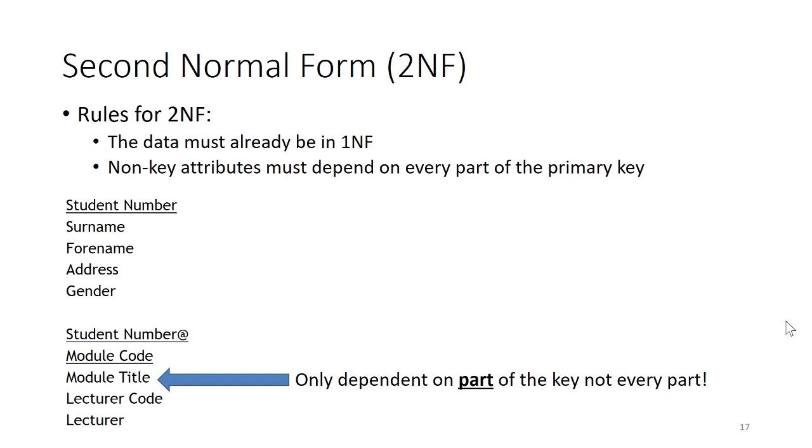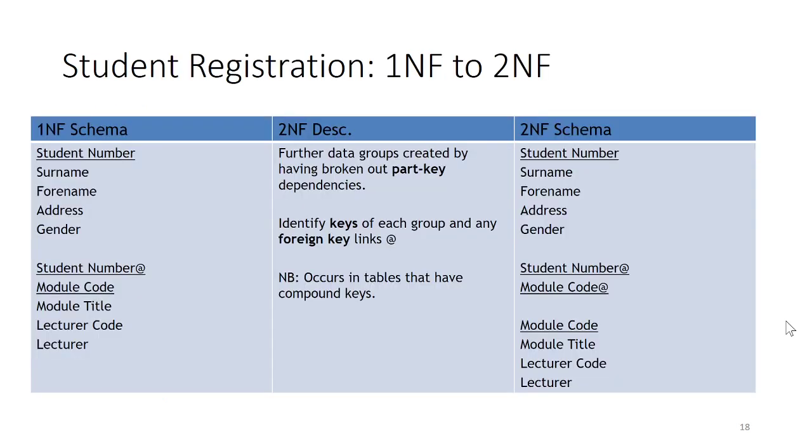Which is no. So in that case, it means we have to do something here to satisfy the rule. As you can see, we have the first normal schema here. This is the description of second normal form.